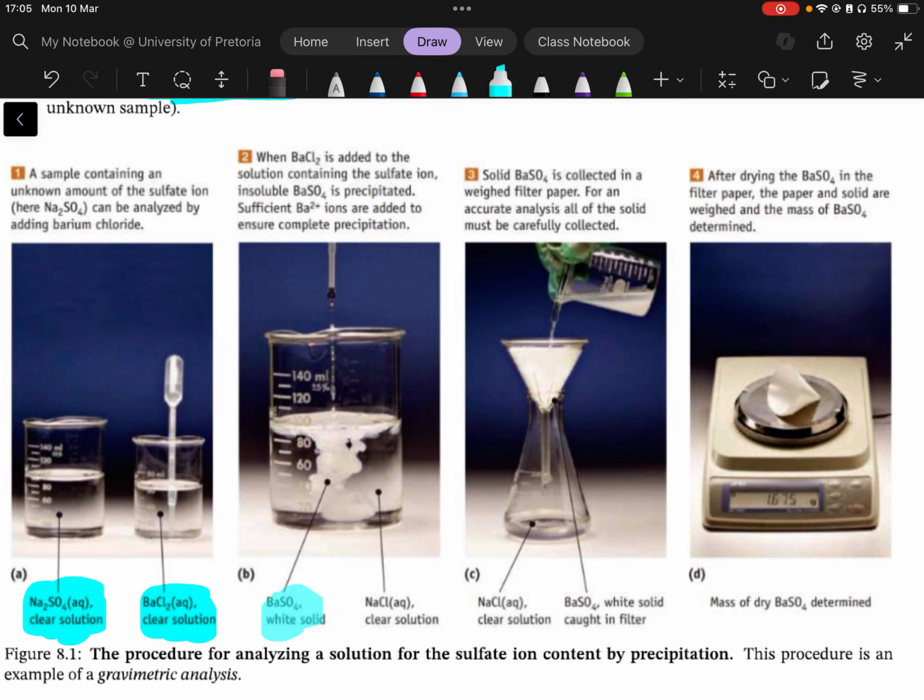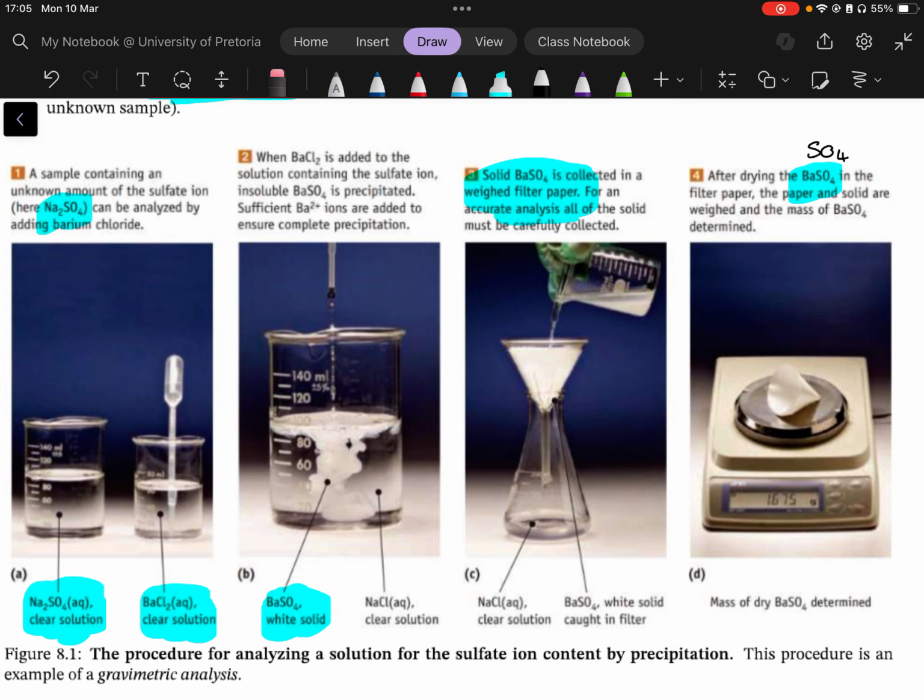This white precipitate is the barium sulfate, and it is something that you should be able to filter and weigh. And then from that, you can determine something about the original amount of sodium sulfate, because there is sulfate in this final compound that you extract.